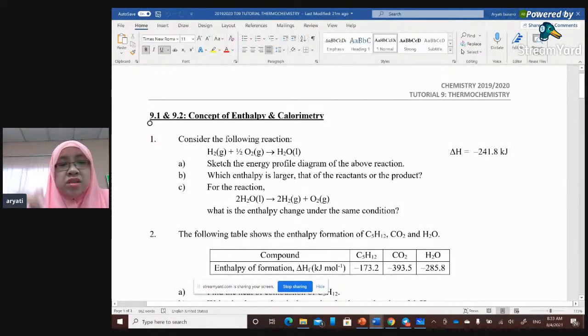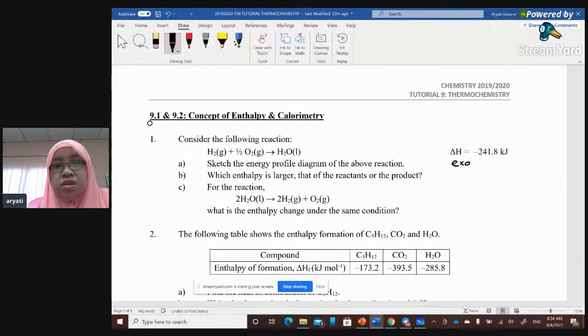Consider the following reaction: hydrogen plus oxygen producing H2O. Question number 1, sketch the energy profile diagram for the above reaction. So this reaction is release as much as negative 241.8 kilojoule. So this reaction is exothermic reaction.